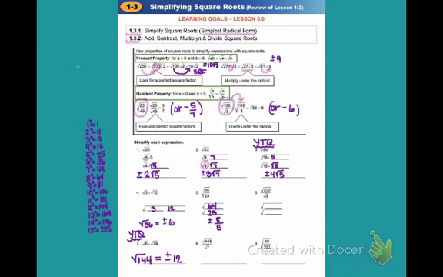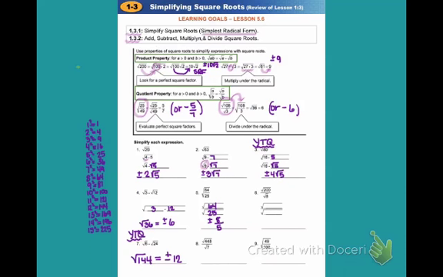Now with the square root of 200 and the square root of 8, if I wanted to look at those separately, I could think about getting the simplest radical form for the square root of 200, and finding the simplest radical form of the square root of 8, because neither one of those is a perfect square.